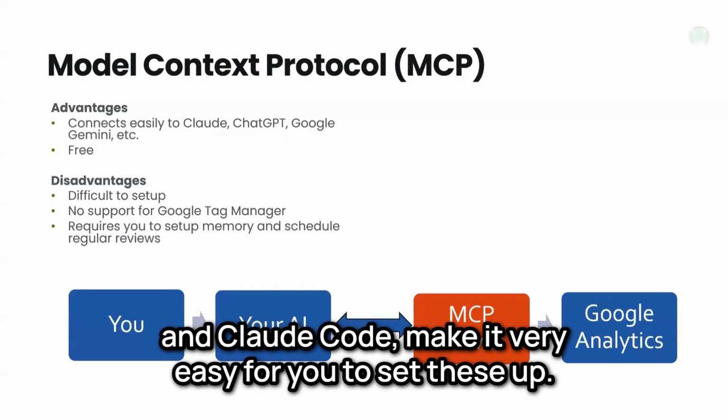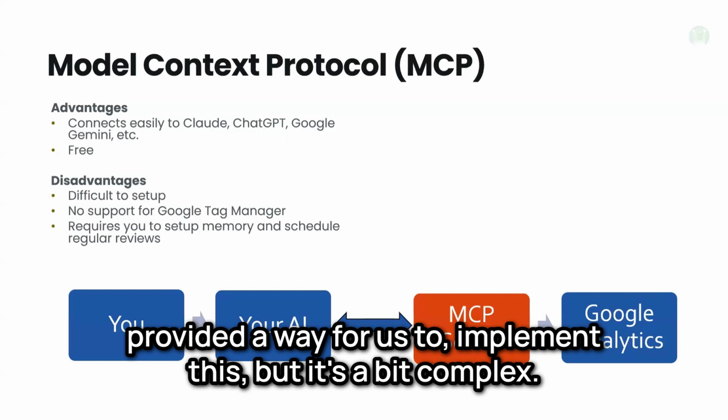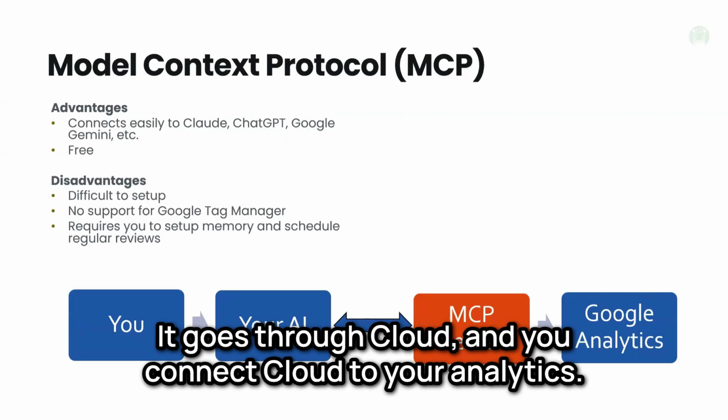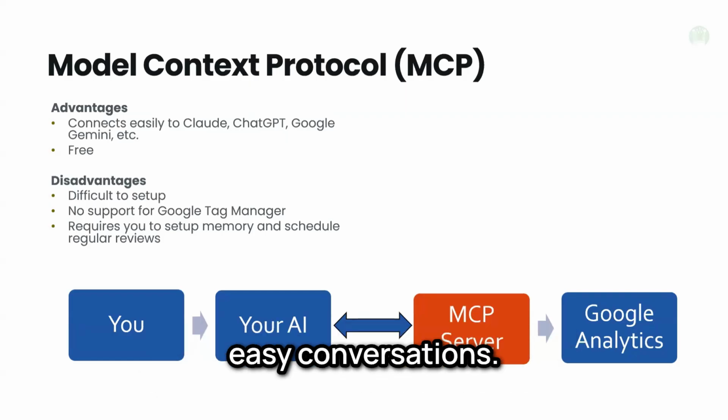The disadvantage is that for Google Analytics, Google has provided a way for us to implement this, but it's a bit complex. It goes through cloud, and you connect cloud to your analytics. Once you get through it, you're able to have these easy conversations.